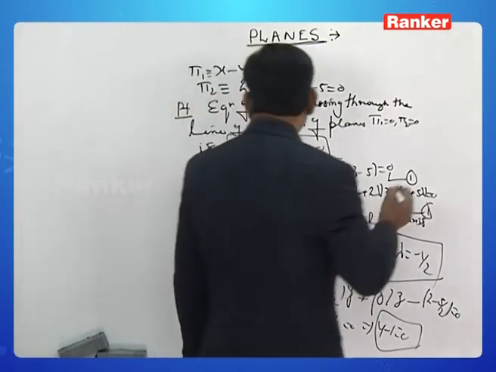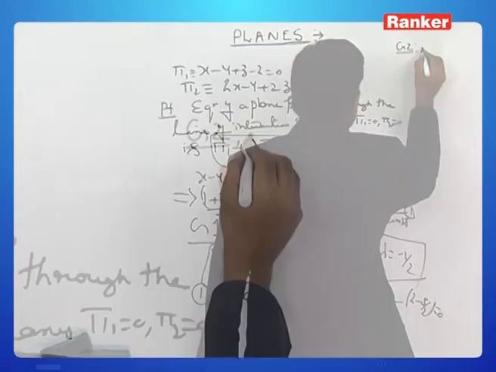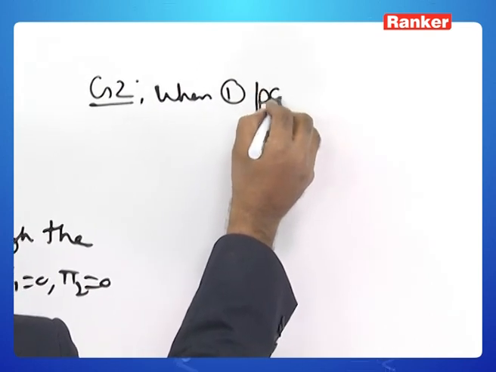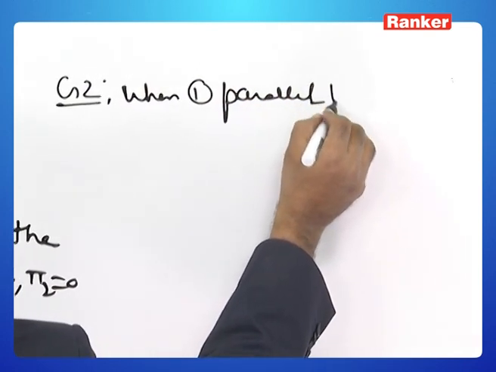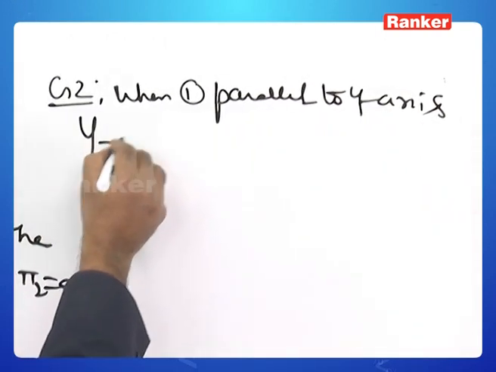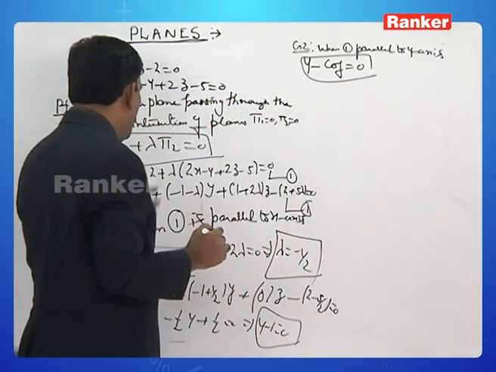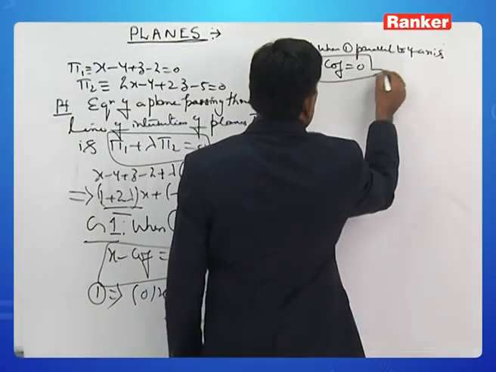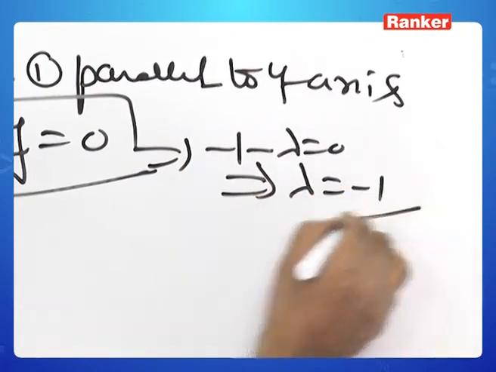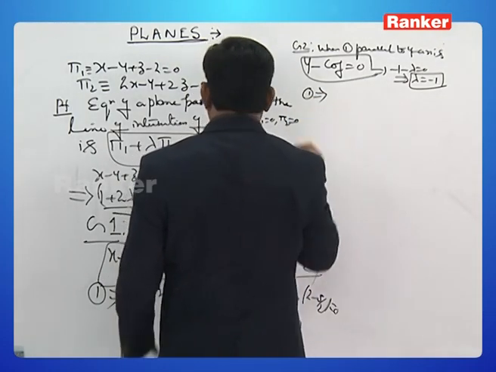In the same fashion, I can go for case 2. What is case 2? When 1 is parallel to y-axis, the y coefficient is equal to 0. In 1, minus 1 minus lambda is equal to 0, which implies lambda is equal to minus 1. So therefore 1 implies this is the required plane.